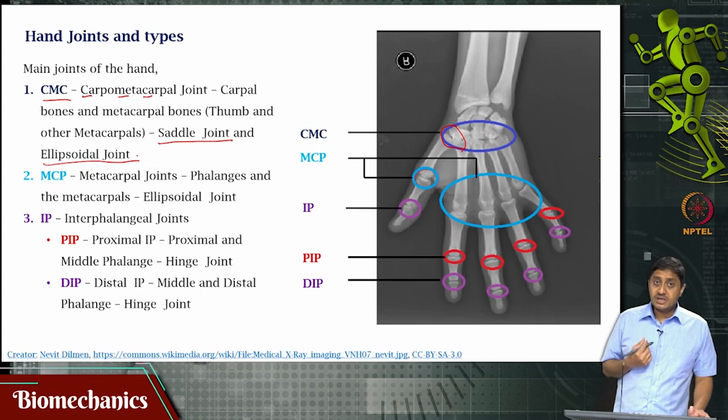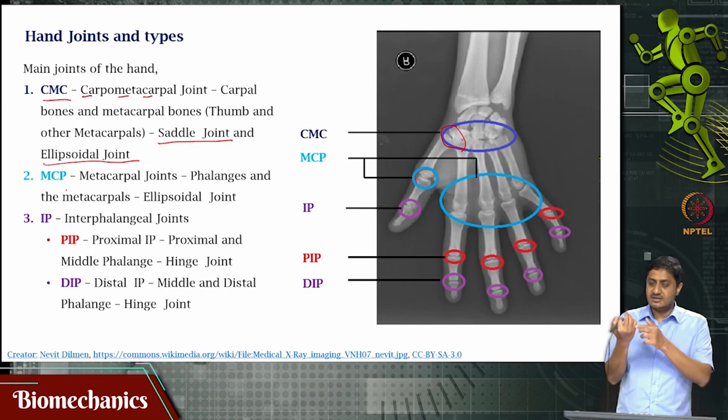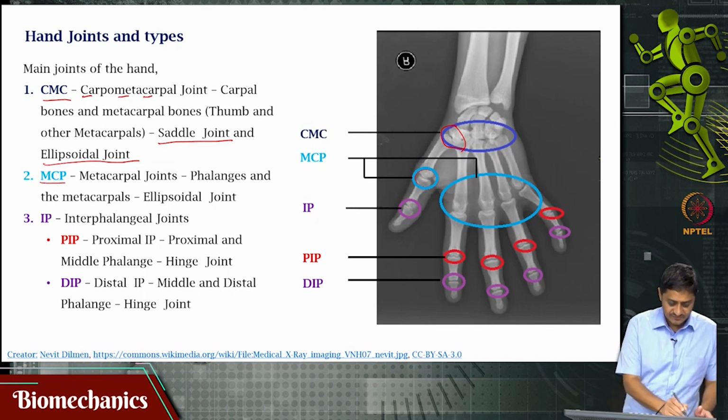What about the metacarpophalangeal joint? MCP means the joint or the articulation between the metacarpal bones and the finger segments. This is the metacarpophalangeal joints or the MCP joints.